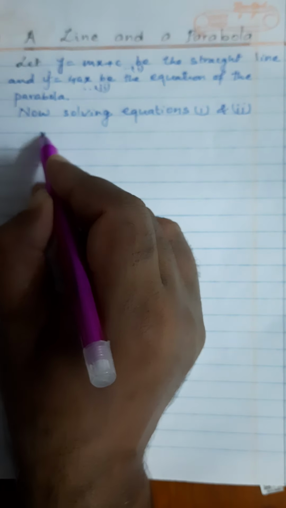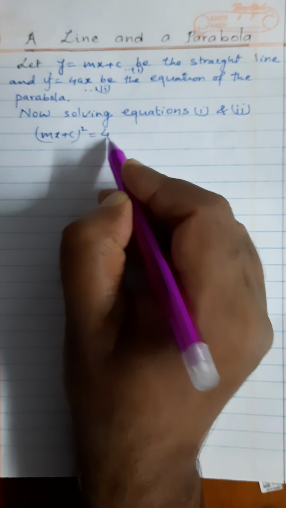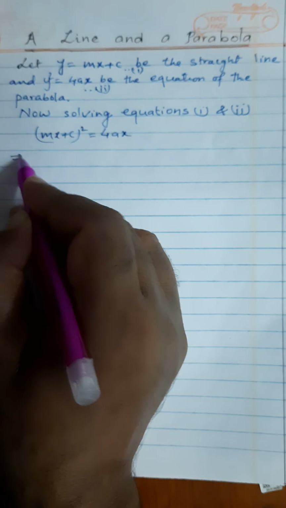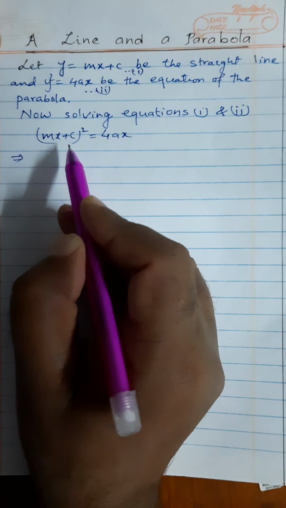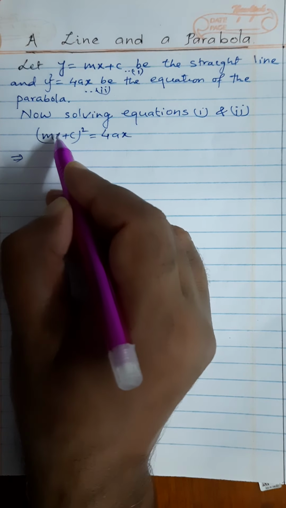So (mx plus c) whole square equals 4ax. Now using the (a plus b) whole square formula, we can expand this.